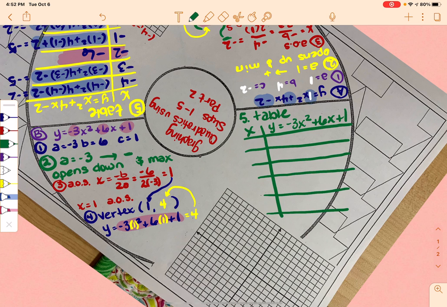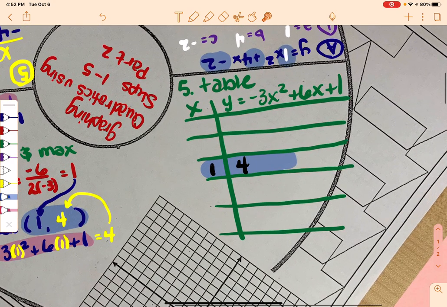If you have to go a little bit past that, you can. But realize that we're going to take this vertex point and it's going to go right in the middle. So that means it's going to be 1 and 4. So if I want to think about the numbers that come before, if this is 1, this will be 0 and negative 1. And if this is 1 after, it would be 2 and then 3.